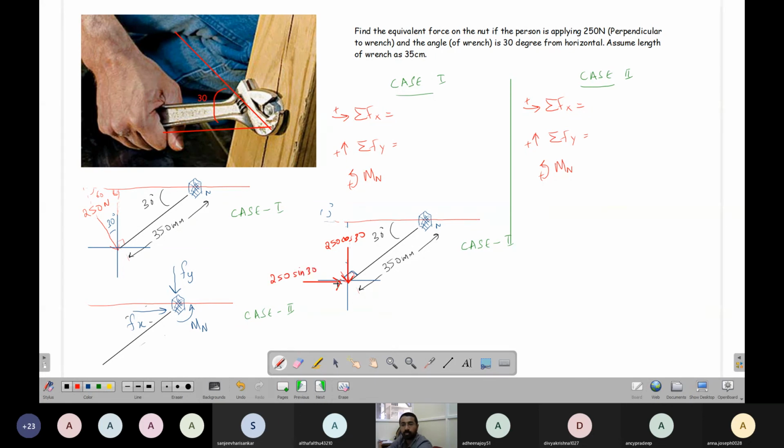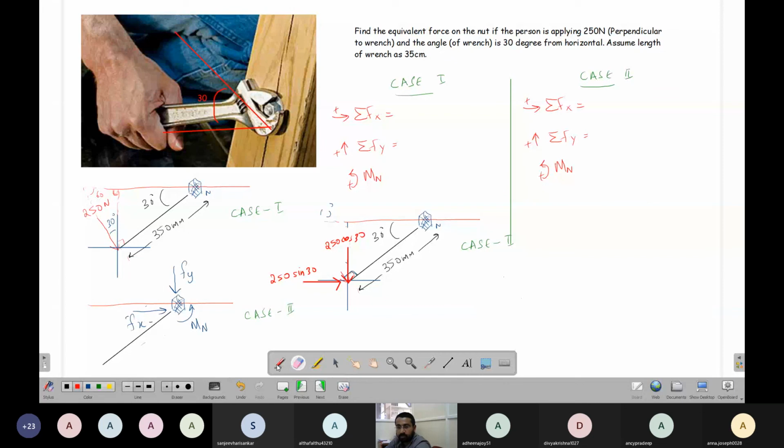So you have to be very careful about the direction of the force that you mark. Horizontal force in this direction, vertical force in this direction.